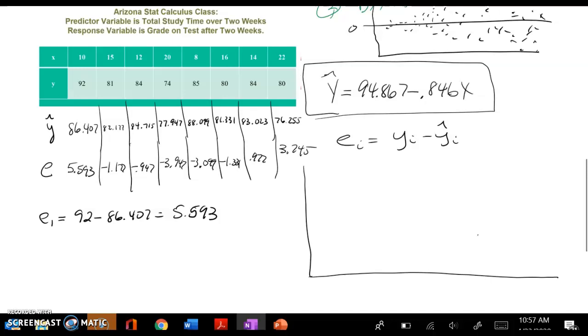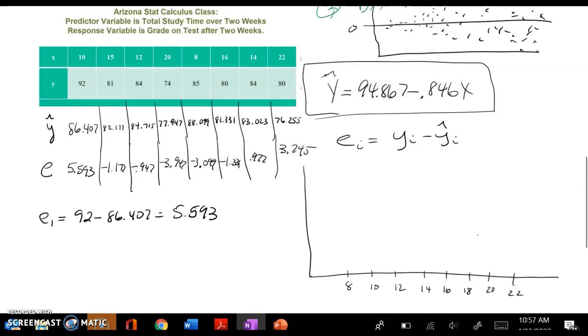So it's 8, 10, 12. I'll just go by 2s. Just come up with a scale that makes sense. And start plugging in and put your x values across the bottom.